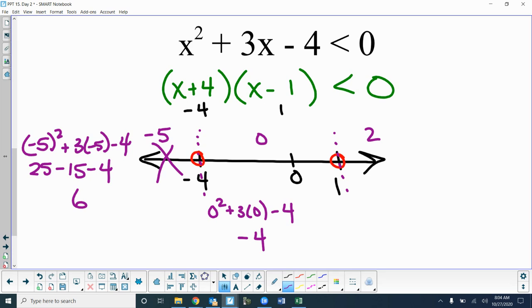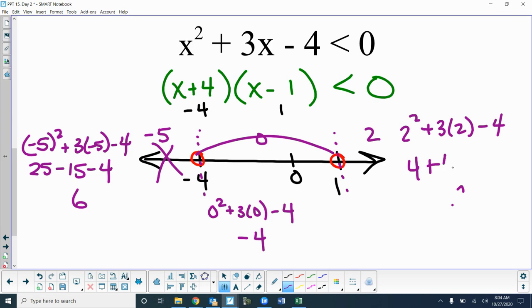Is that less than 0? Yeah. Okay, so this looks like it's gonna look like the other one. And then I put 2 in, 2 squared, plus 3 times 2, minus 4, 4 plus 6, 10 minus 4 is 6. Okay, so that's not less than 0.